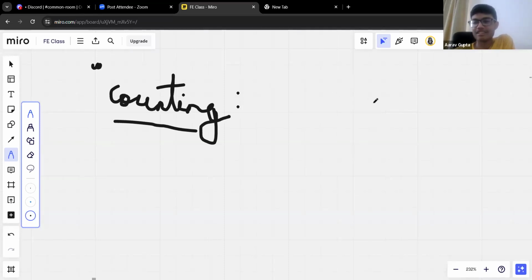So this is basically a process where you're counting the number of elements in some set.